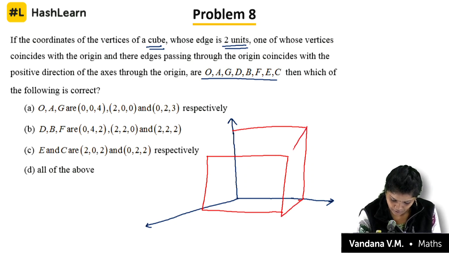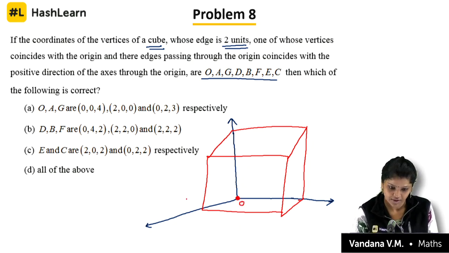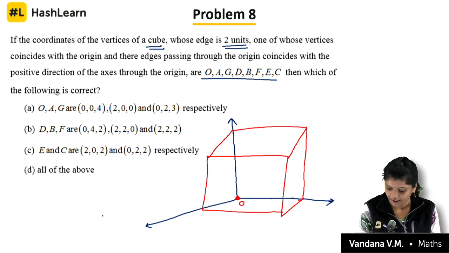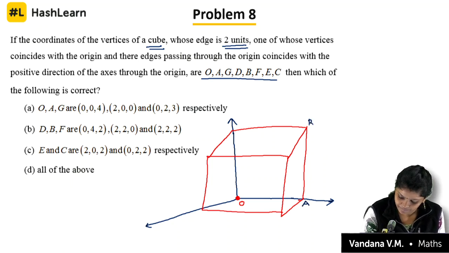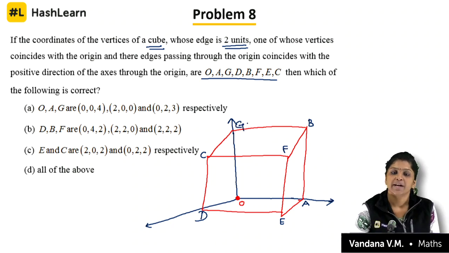Now it is coinciding, right? One side must coincide. So this is origin. Now you just point, name the points however they gave. So just name it A, B and C, and then D, E and F, and this is G. Now tell me the coordinate points.